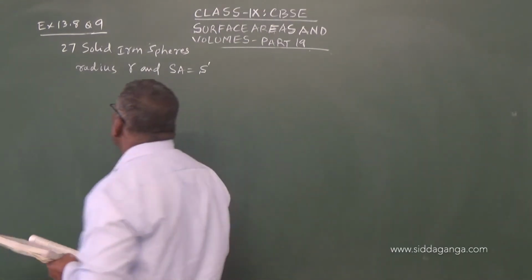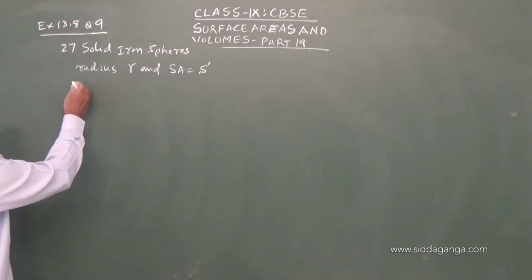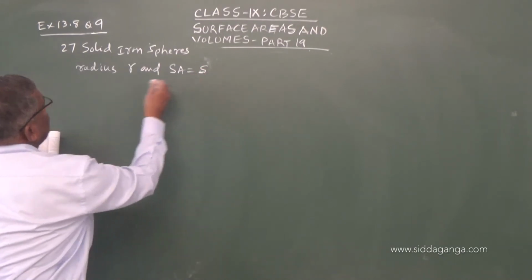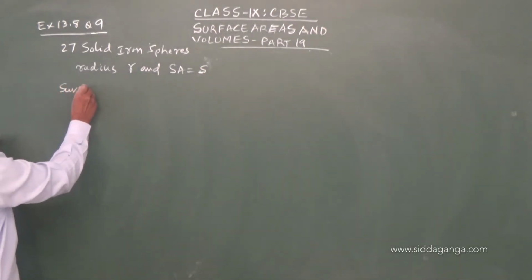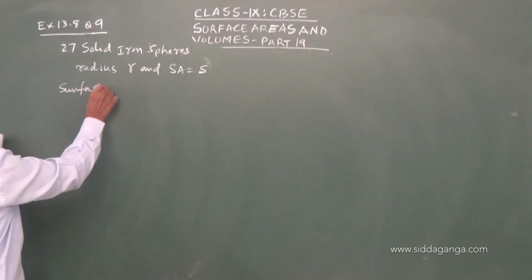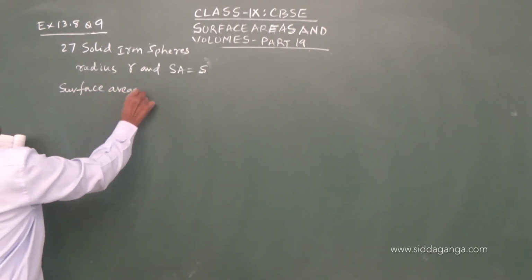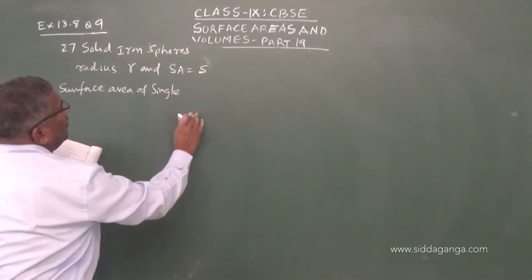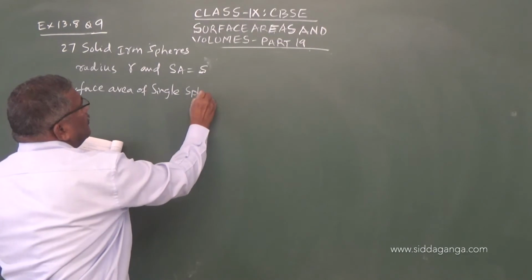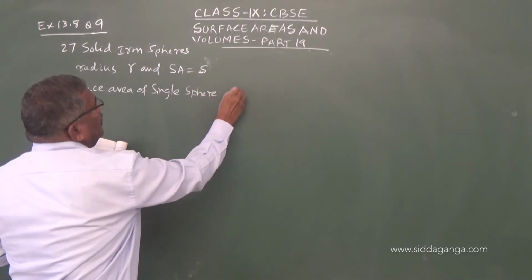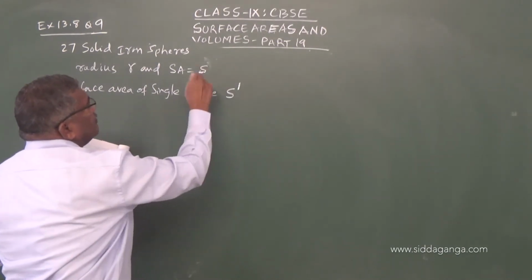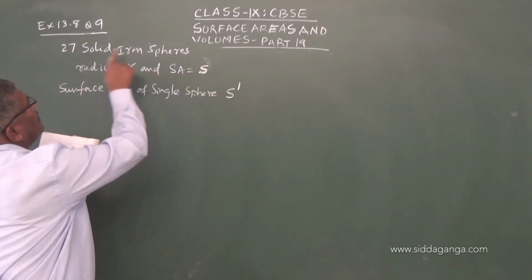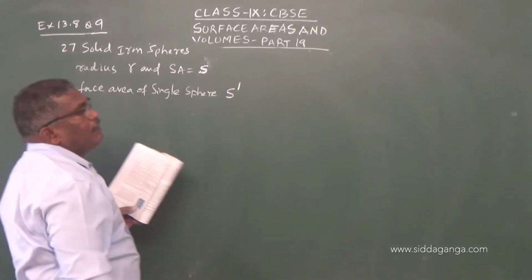Its surface area, this is S. Surface area of single sphere is, say, S dash. Remember, the earlier one is S, that is S of each one out of 27.